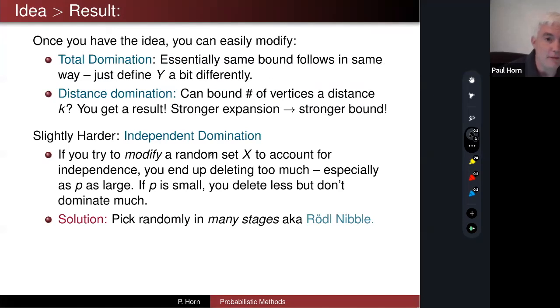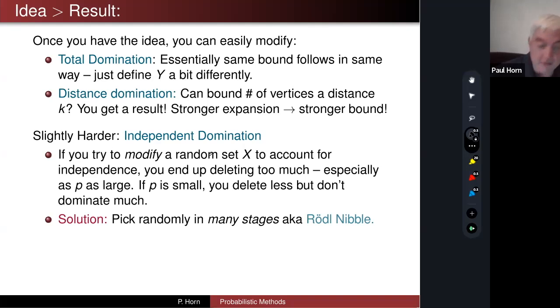And this is somehow harder business, because if you try the same thing, you just pick a bunch of vertices randomly, you're not actually that likely to get an independent set. So you would have to modify this initial set X to get rid of vertices that were neighbors to each other. And you either end up not taking enough initially, or you end up deleting too much, and you have to play with it.